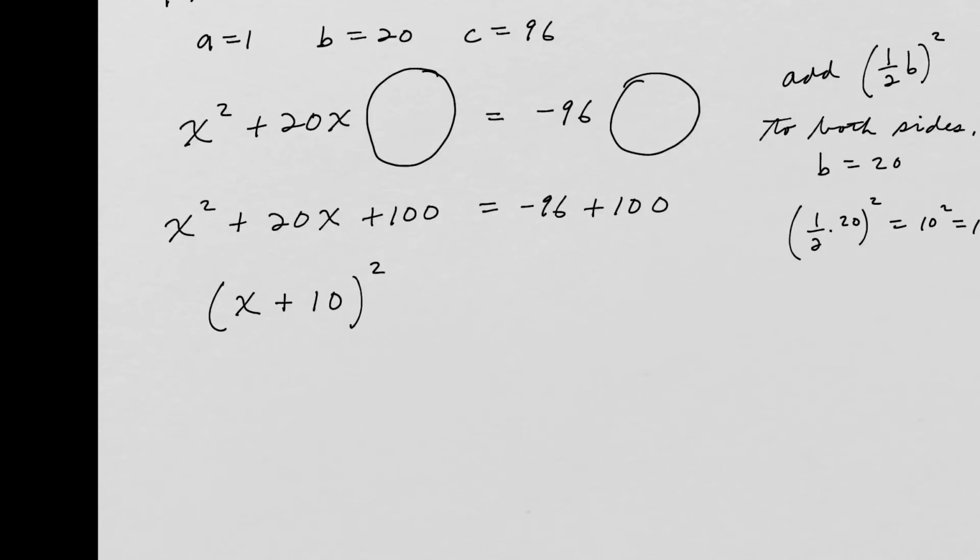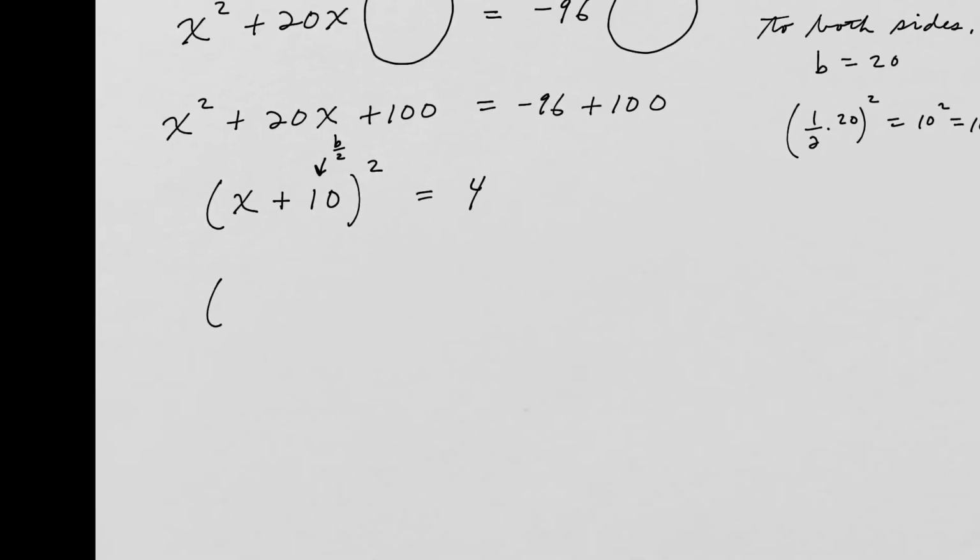So we added half of b squared, but this term right here is just half of b. This is just b divided by 2, right? And that's got to equal, well, what's negative 96 plus 100? The right-hand side is just 4, right? So it really simplifies the whole thing. So now I just have x plus 10 squared is equal to 4.